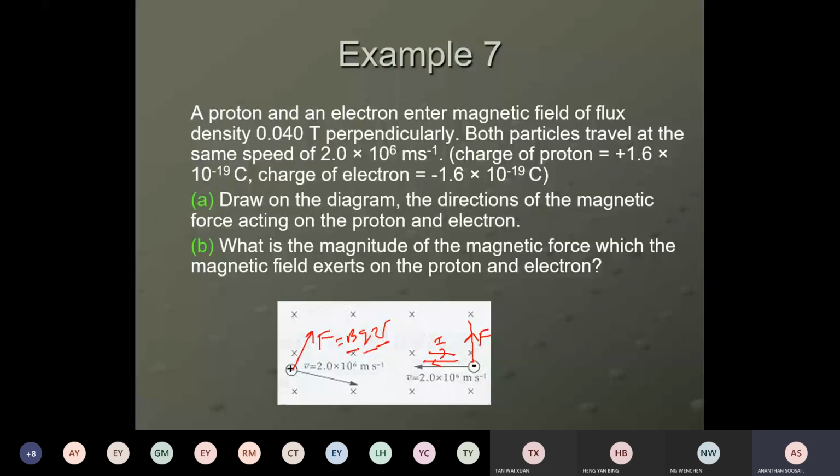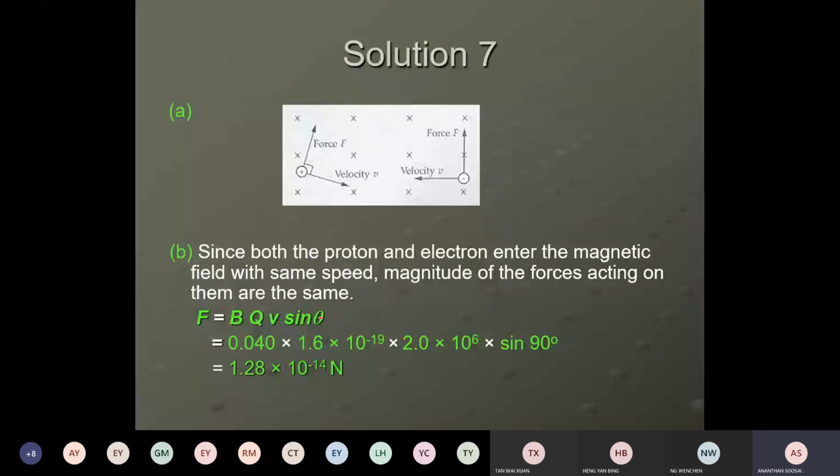Therefore, the magnitude of the force is going to be the same for the proton and electron. So this should be in your mind, sine 90, because V is perpendicular. The V and the magnetic field into the page look perpendicular, so sine 90. If the angle is not provided, you take it as 90. Okay, so this is the direction of the force.